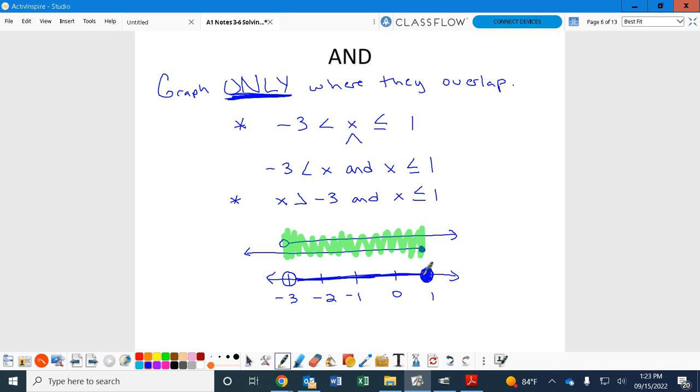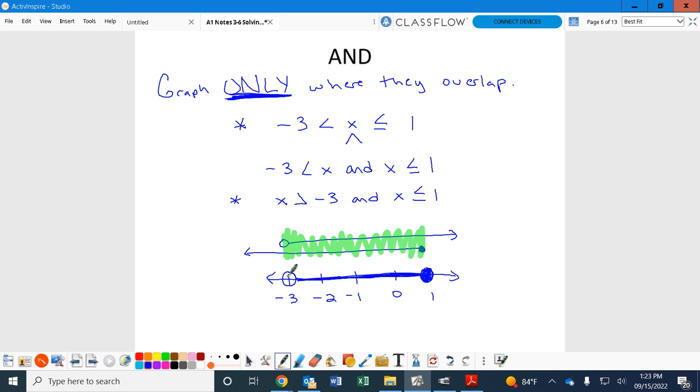So I'm going to ask you some questions, guys. Is negative 1 part of your solution set? Yes or no? Is that in your shaded area? Yes. Is 1 part of your solution set? Yes. Is negative 3 part of your solution set? No, if it's open.